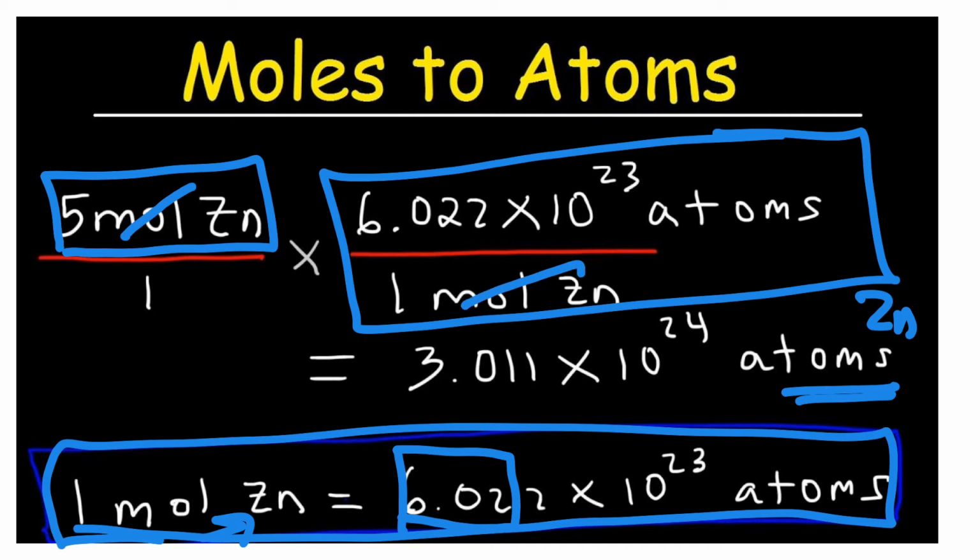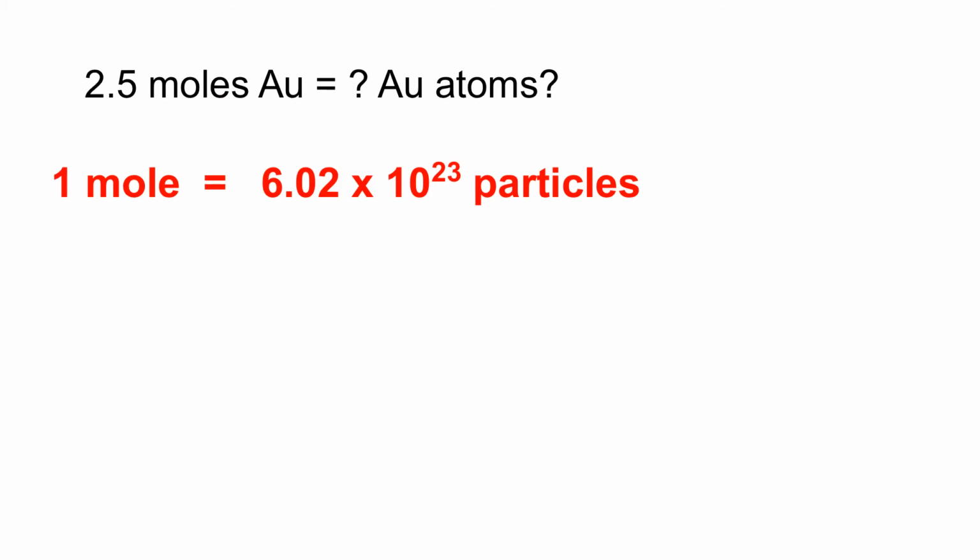The moles of zinc cancel, and I get atoms of zinc. And so then I just multiply 5 times 6.02 times 10 to the 23, and I got 30.1 times 10 to the 23. I moved the decimal over, and then I had to make this exponent bigger, but that's how you do these problems. So let's try one.